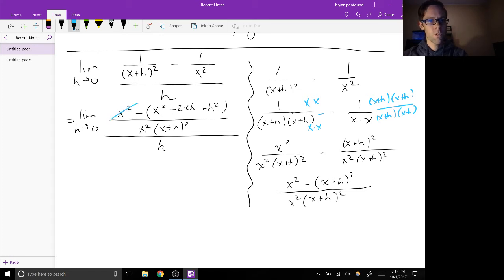Like I said before, these x squared pieces are going to subtract off and give us 0. So let's clean up this limit a little bit. We're going to have a negative 2xh and a negative h squared divided by our common denominator, and then divided by that lone h.